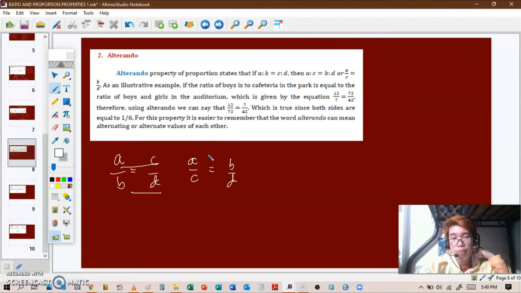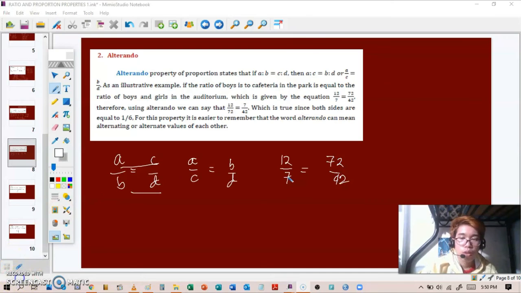Okay, so for example, let's say we have here 12 is to 7 is equal to 72 is to 42, or 12 over 7 is equal to 72 over 42.